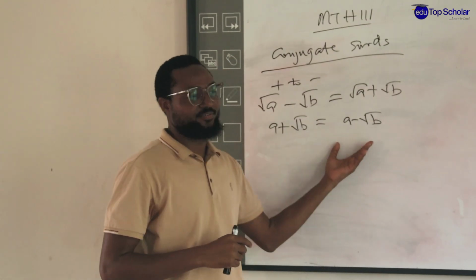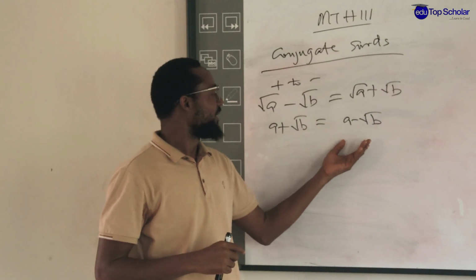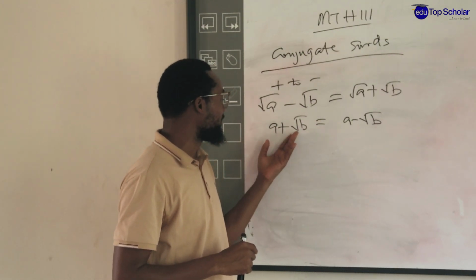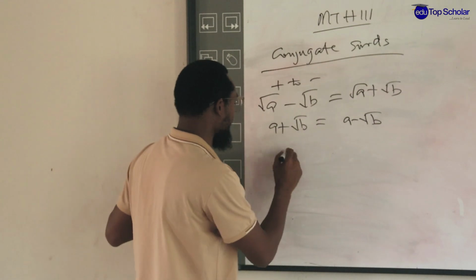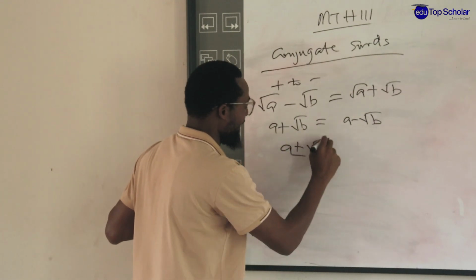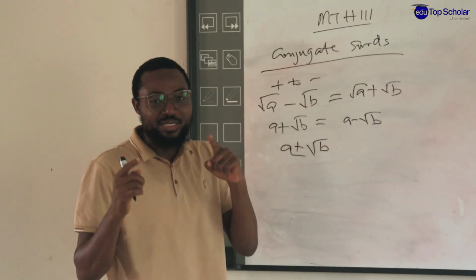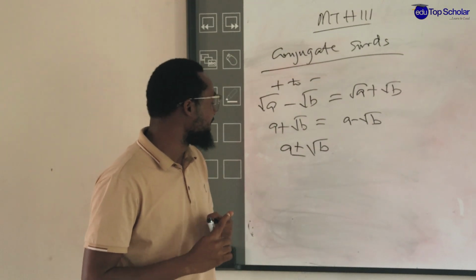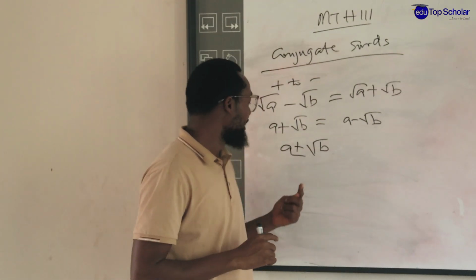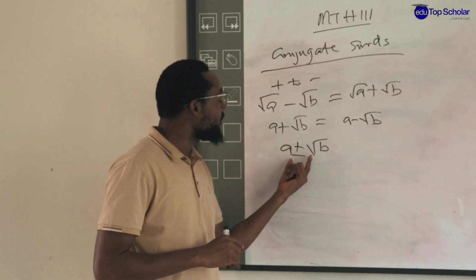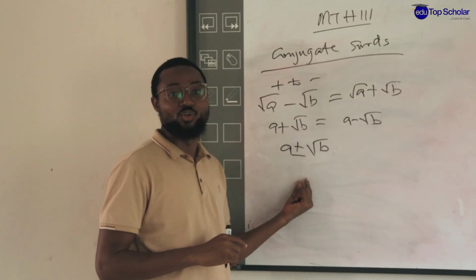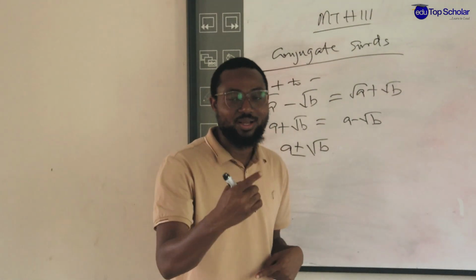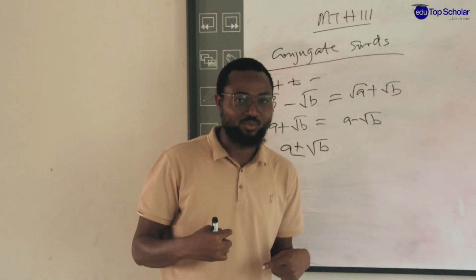If what we have in the denominator is A plus or minus root B in any given quotient, then we have to take the conjugate of the denominator. We use it to multiply both the numerator and the denominator.